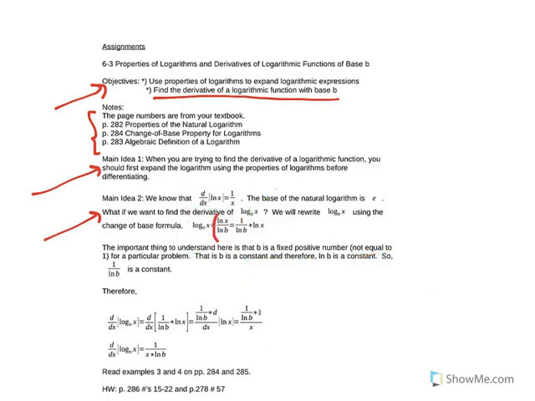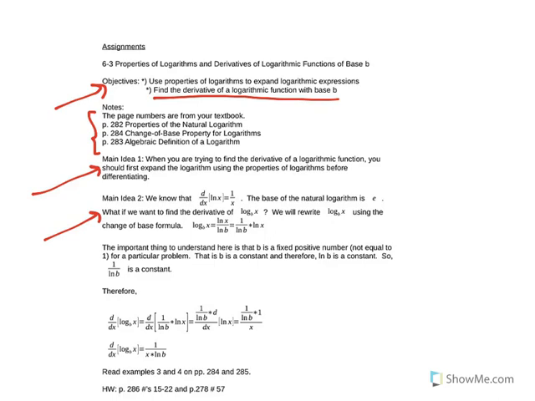And natural log of x divided by natural log of b can be further written in this way. b is a fixed base, so in a particular problem it might be 5 or 7 or 3, but it's a number. So natural log of b is a number, so you can write 1 over natural log of b, which would just be a constant, times the numerator, which is natural log of x.